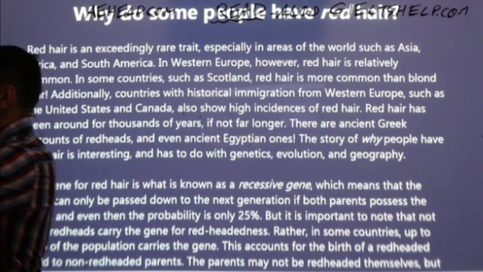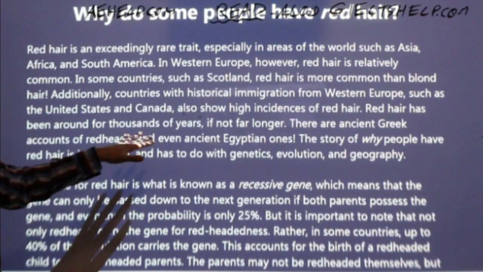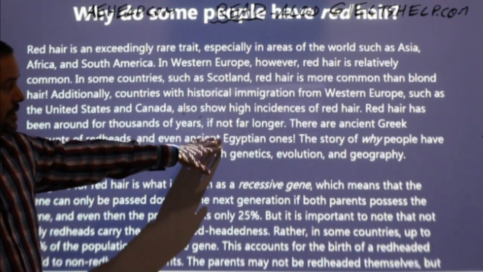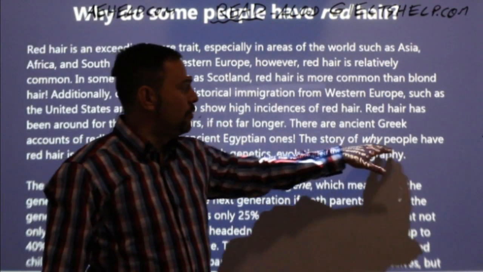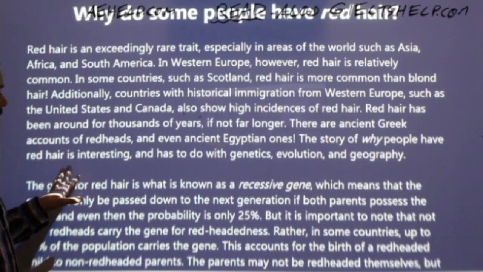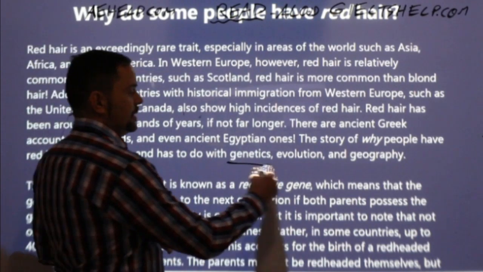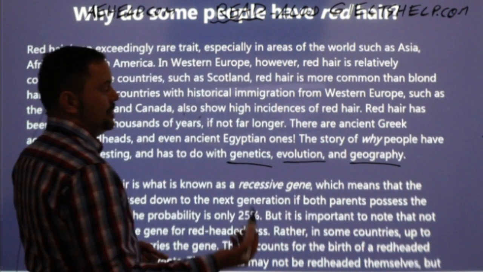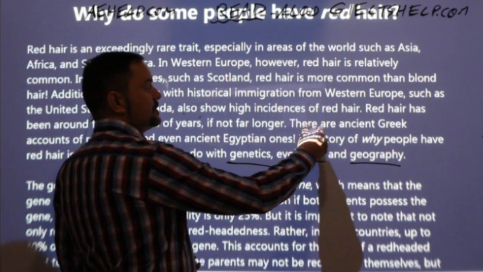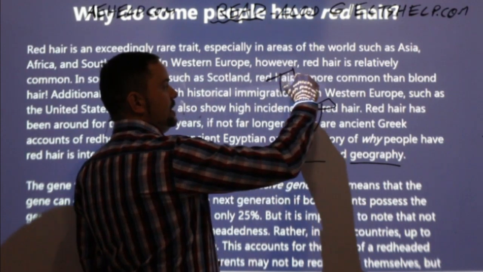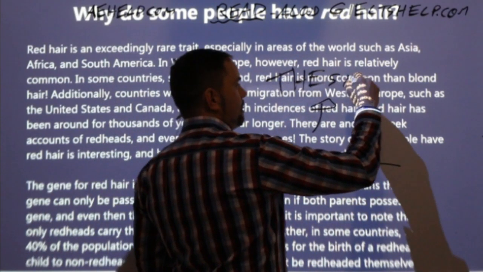Okay, hopefully. So here, always pay attention to the thesis in the introduction. So the story of why people have red hair is interesting and has to do with genetics, evolution, and geography. This is the introductory paragraph, so this is your thesis statement. Okay?